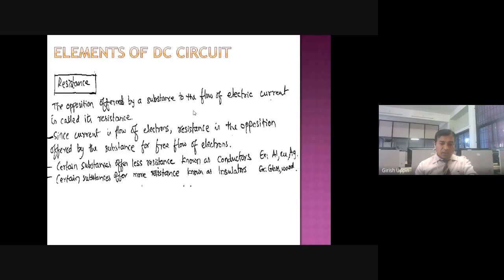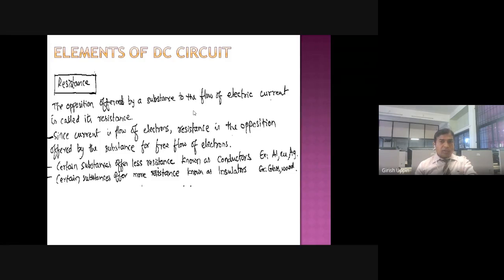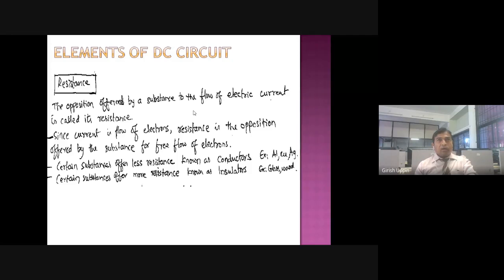Nature of the material. Anything else? Density? Not really density. When we say material, it takes care of everything. But that is correct. So we said length, area, then temperature, and the nature of the material.